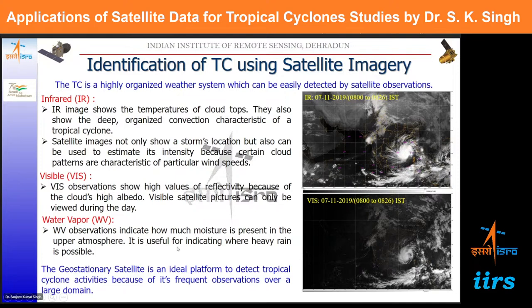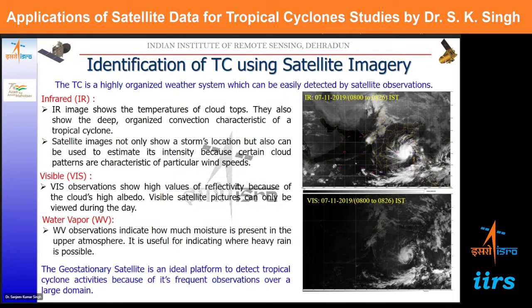So the geostationary satellite is the ideal platform to detect tropical cyclone activity, because within 5 to 6 hours the location of a tropical cyclone changes, and it is continuously moving. To locate or monitor the tropical cyclone, we have to look continuously.